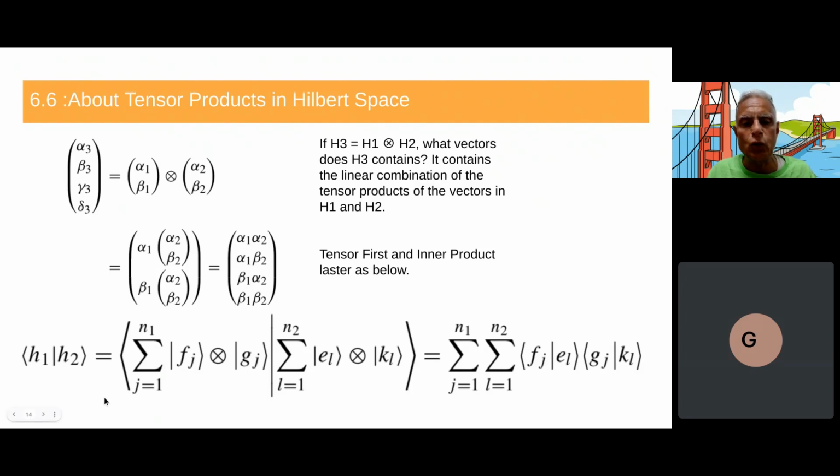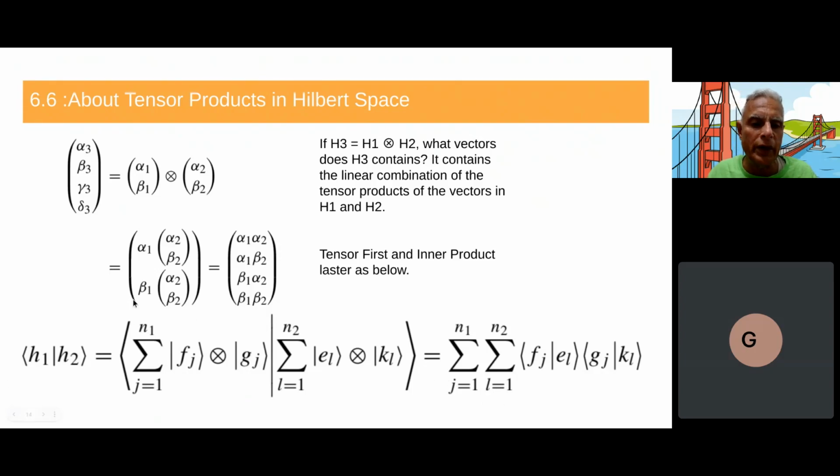And this is for two spaces, and this is for two vectors, and they can be from L equal to 1 to J. So basically here we are taking J and L as the two suffixes, and the suffixes are running from 1 to N1 and N2.